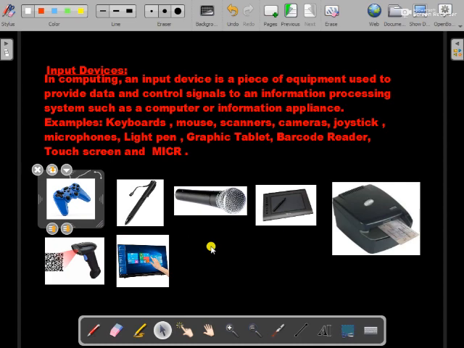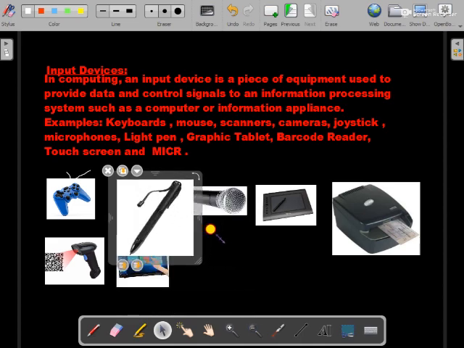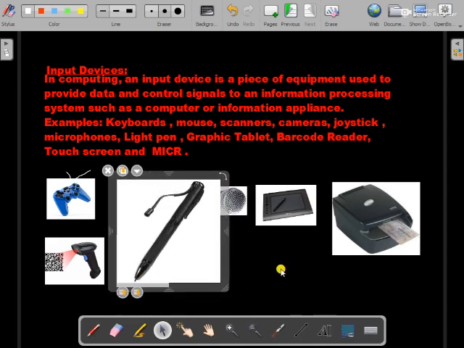Next input device is the light pen. A light pen is also an input device. It is shaped like a pen. A light pen is connected to the VDU. VDU means visual display unit.